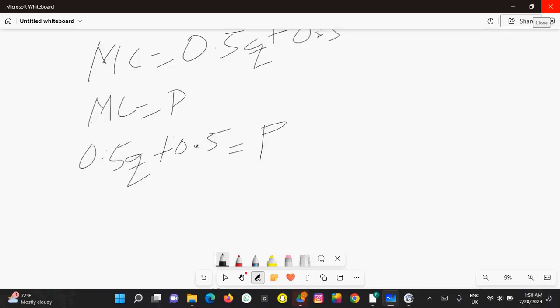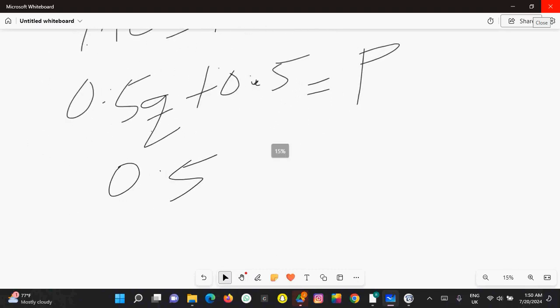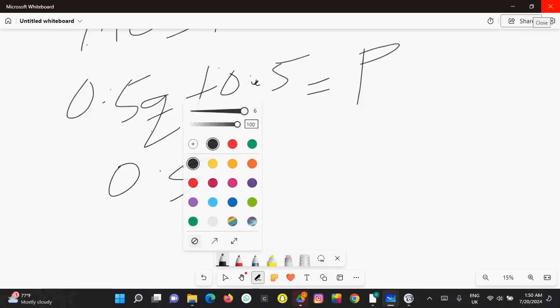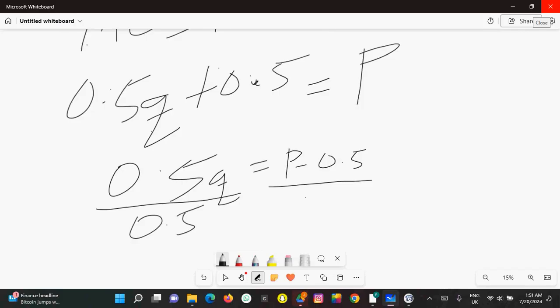So if we want to get a quantity supplied, 0.5Q is equal to P minus 0.5. Let's divide by 0.5 to get quantity supplied.